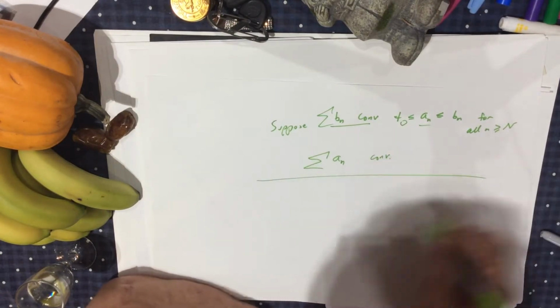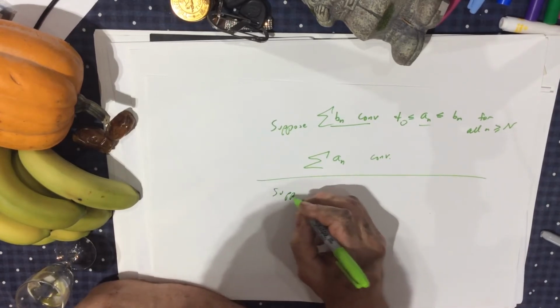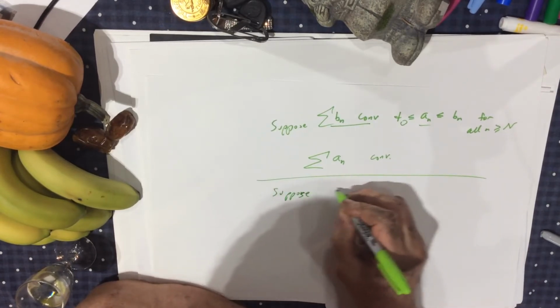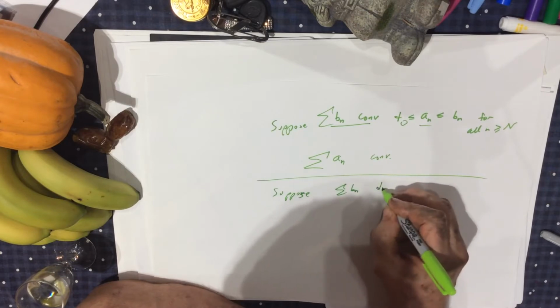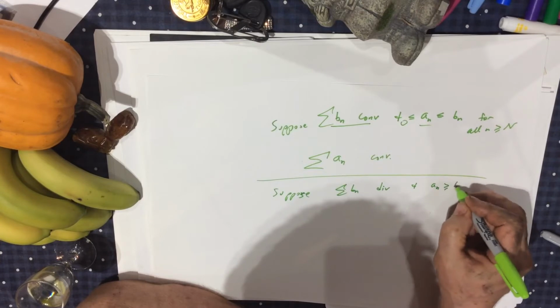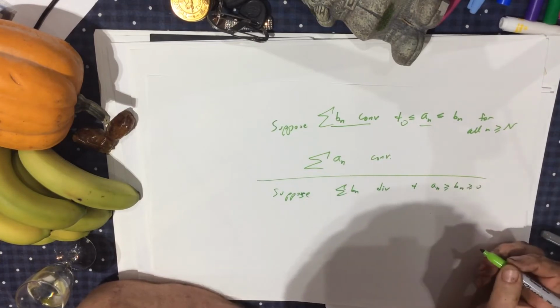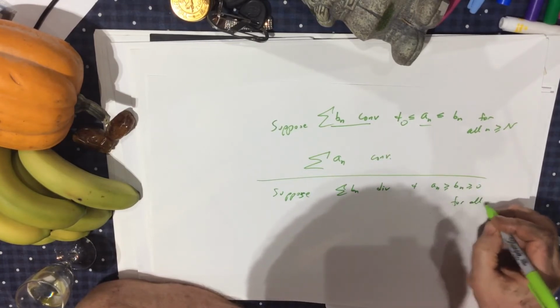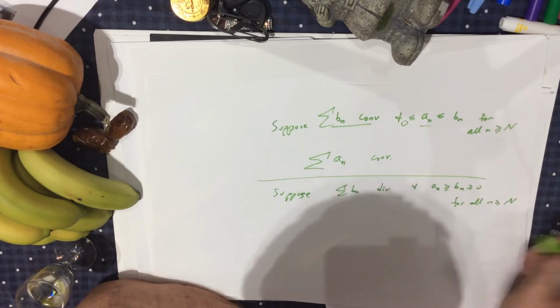Now the other side of this is, suppose the sum of b sub n diverges, and a sub n is bigger than or equal to b sub n, bigger than or equal to 0, for all n bigger than or equal to some fixed value.